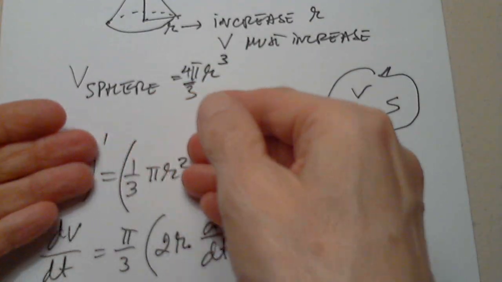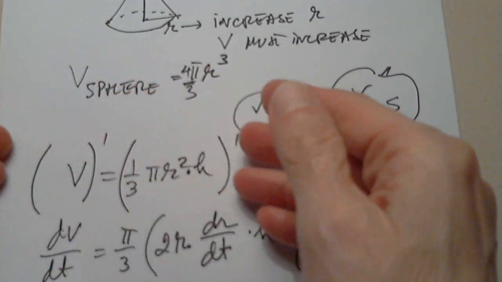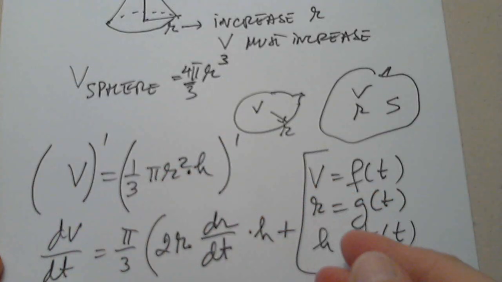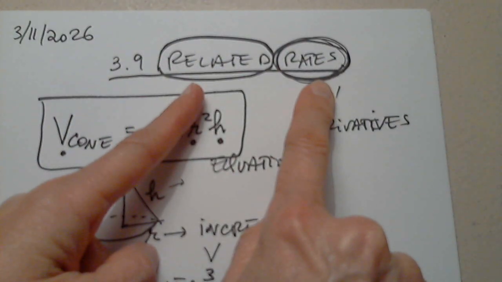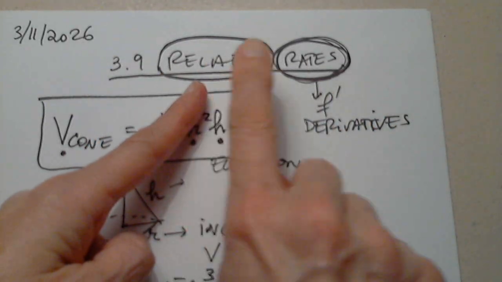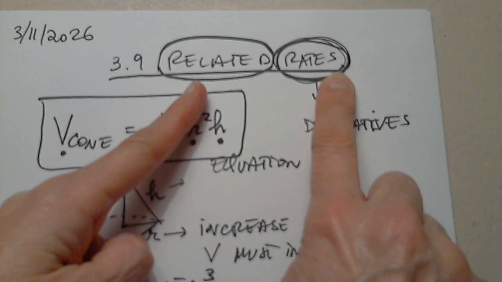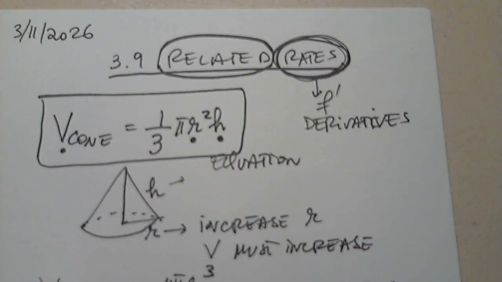So this is the original equation with functions of time. When I differentiate both sides, I get a new equation that includes their derivatives and the functions. That's what the meaning of related rates is.